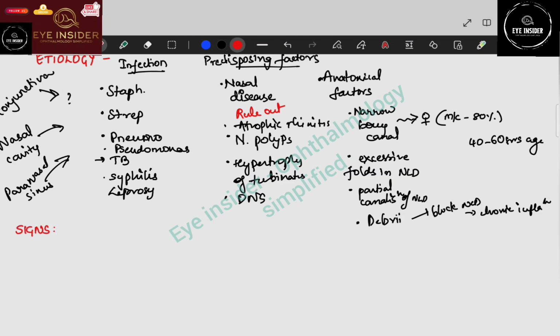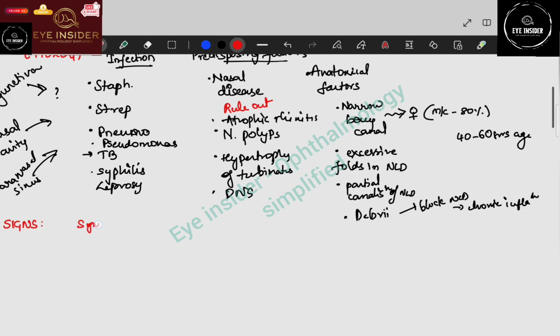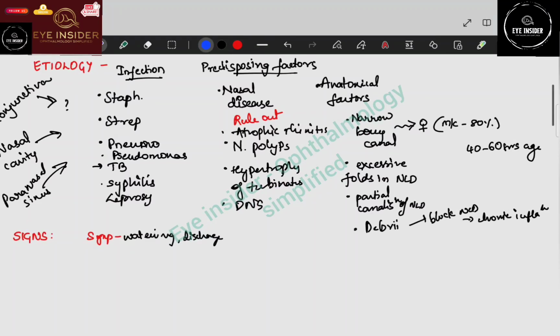Now coming to the symptoms and signs. They present with watering and discharge commonly, and the signs can be divided by the stage of presentation. There are 4 stages of presentation.